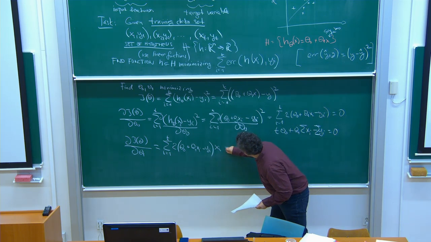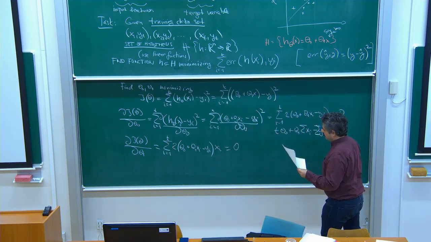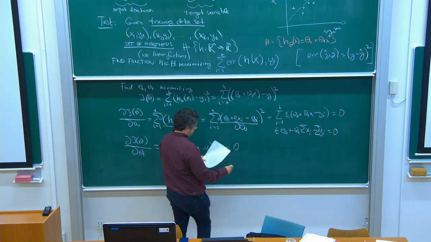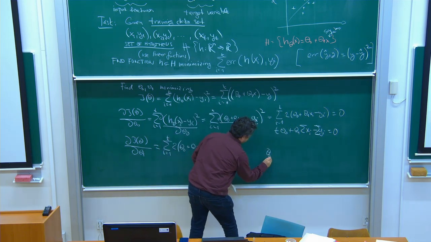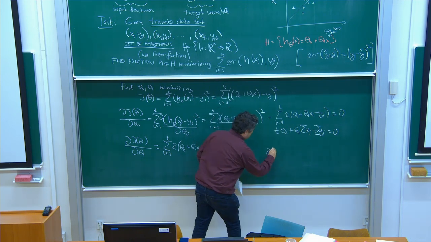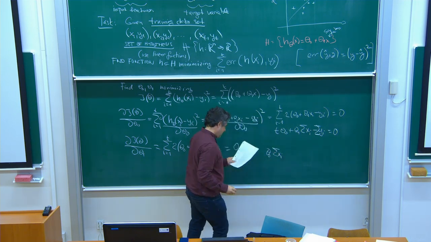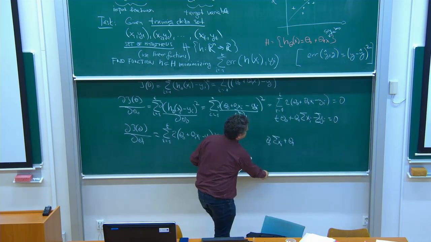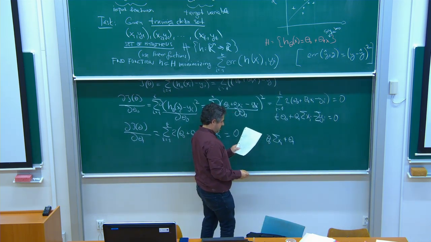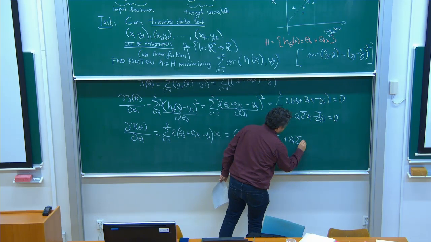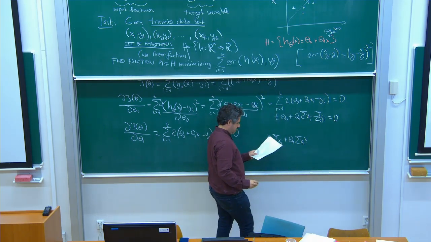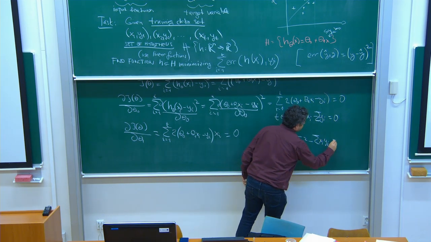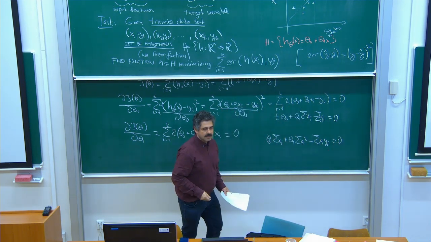Okay? And this should again be 0. So from this I get theta 0 times sum x i plus theta 1 times sum of x i squared minus sum of x i y i, and that should be 0.